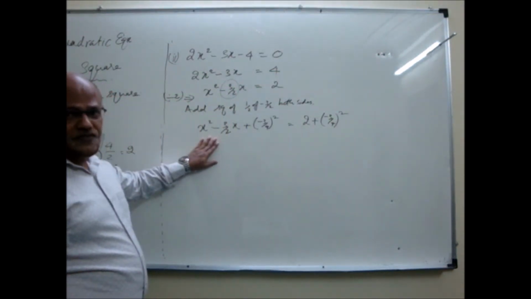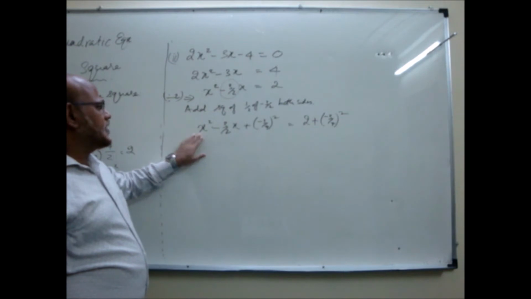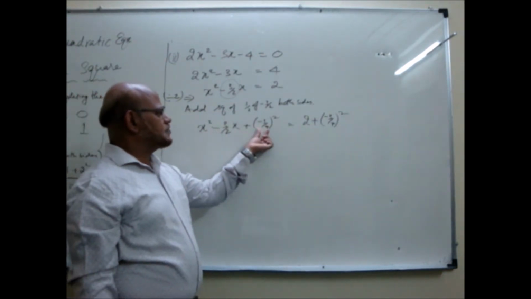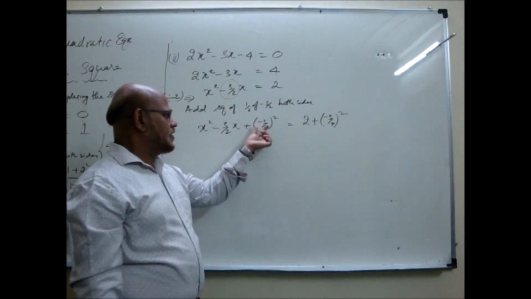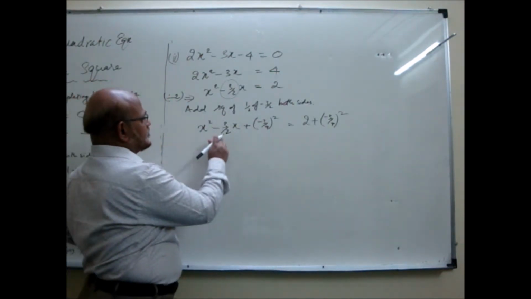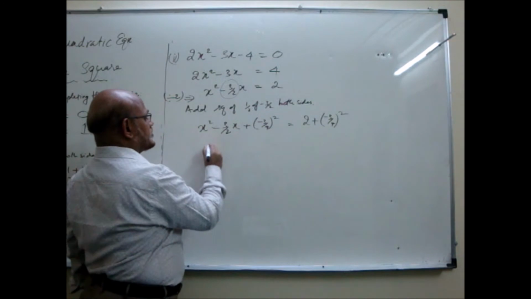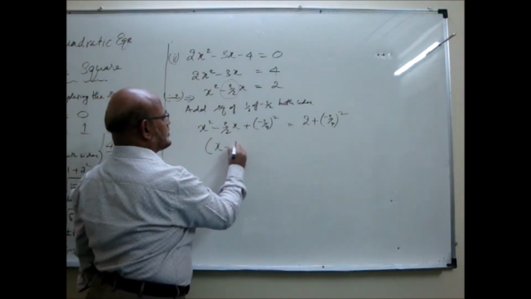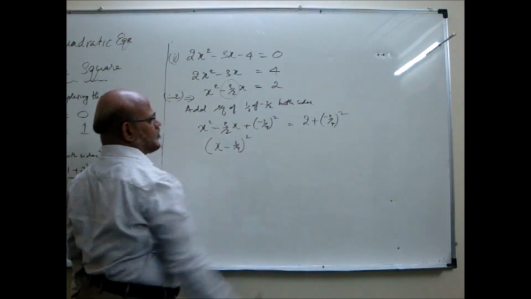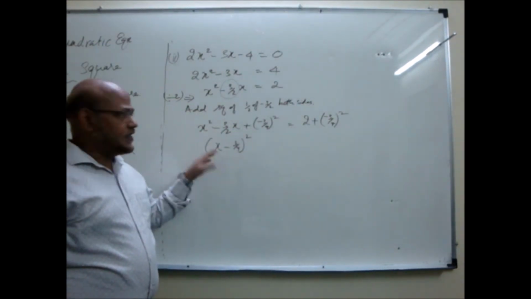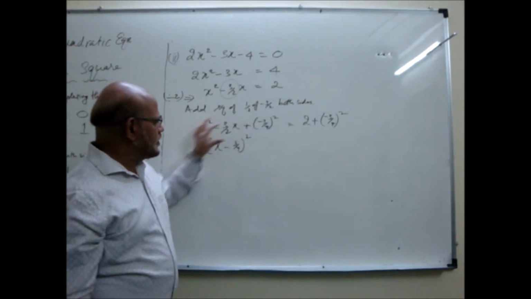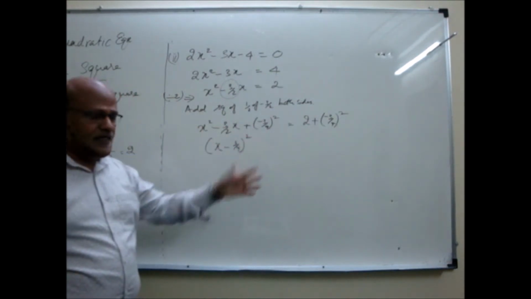As I told you earlier, this is nothing but x minus 3 by 4. Because of the minus 2ab coming in this time, you get x minus 3 by 4 the whole square. That is the factorization directly. This is a, this is b, so a minus b the whole square.